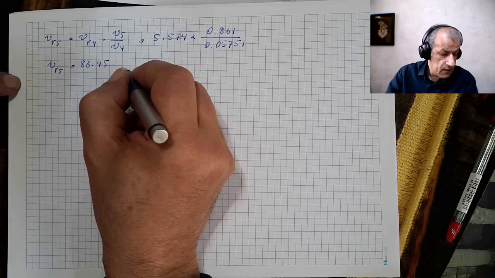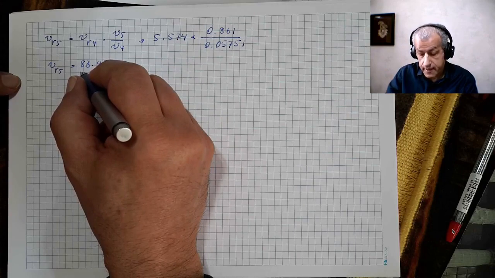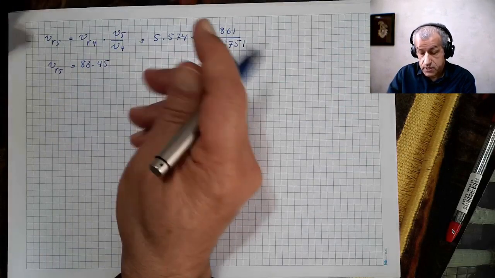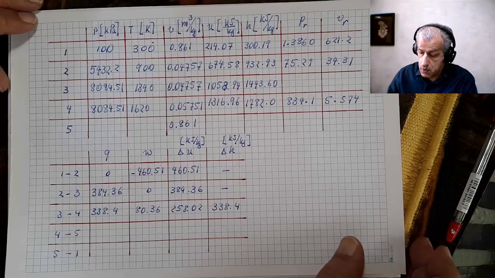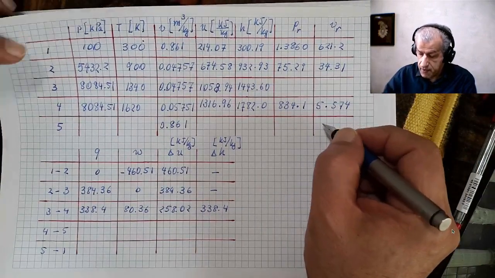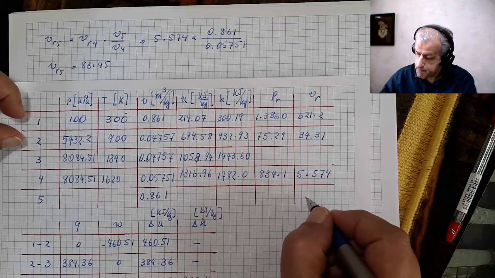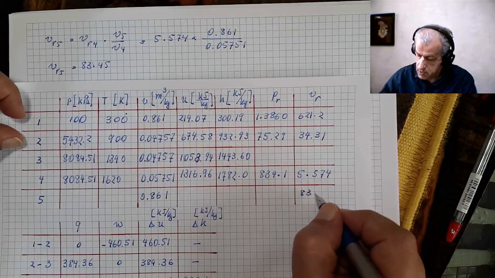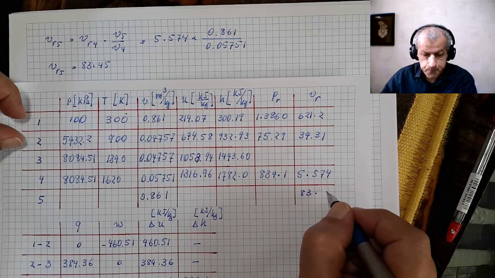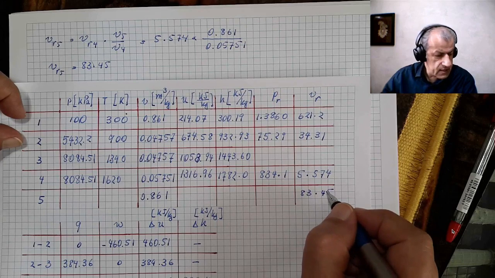And with this knowledge, we could go to the tables and just fill in a few columns. This is VR5, and that was 83.45 as we calculated it.